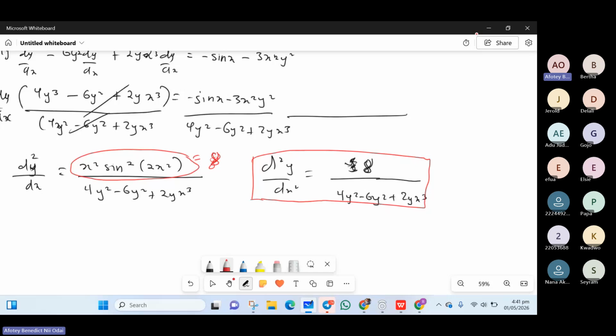So what's the next one? So let's look at the differentiation of exponential function. Let's use this question.